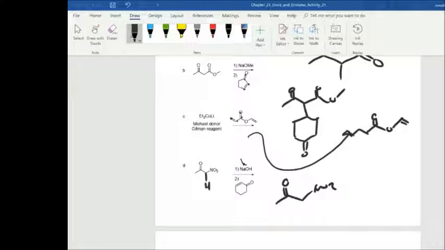This is the point where it happens. Now this is also again 1,4. Just go ahead and draw the cyclohexane, and from here you just have to be careful with the numbering. To attack this position, it's 1, 2, 3, 4.